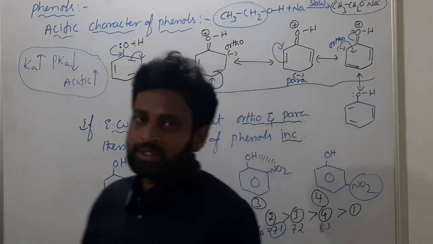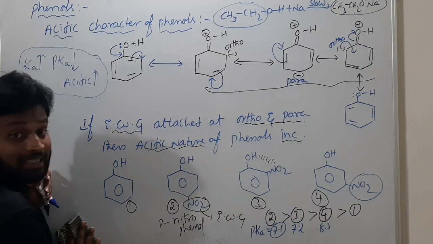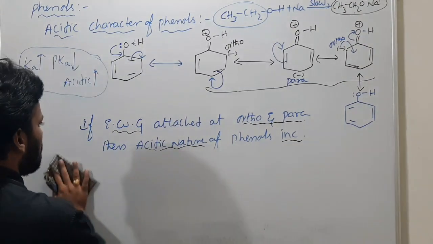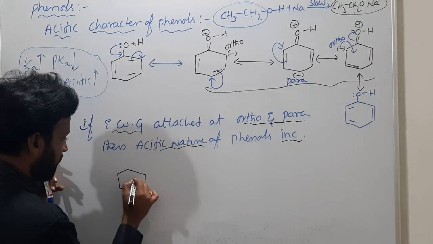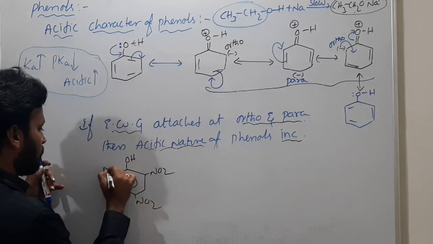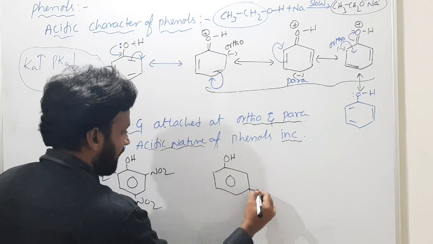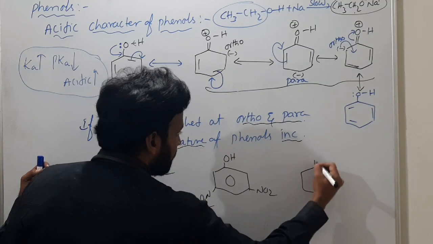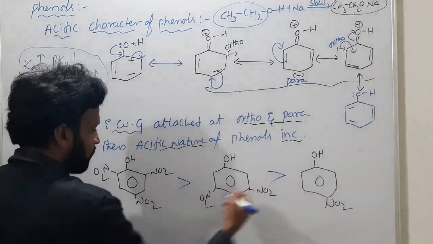So these are very, very important. What I said is, if electron withdrawing groups increase, then acidic character increases. If you take C6H5OH with NO2, with two NO2, and with three NO2, among these three, definitely this one is more acidic.